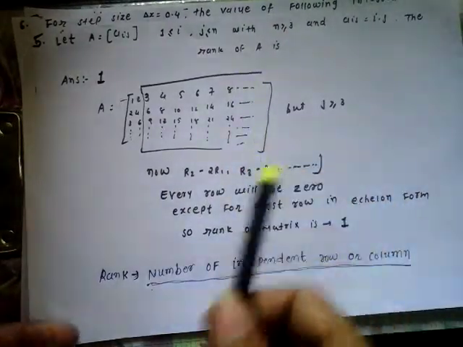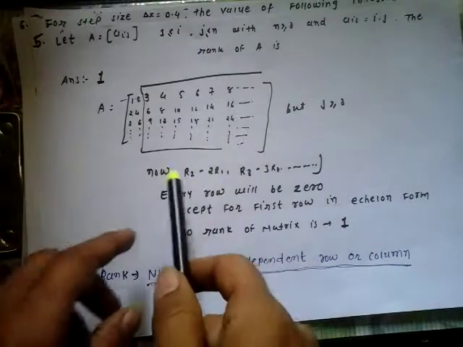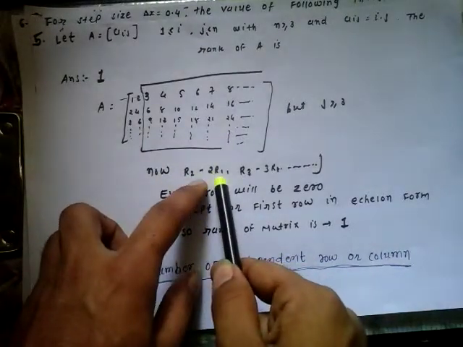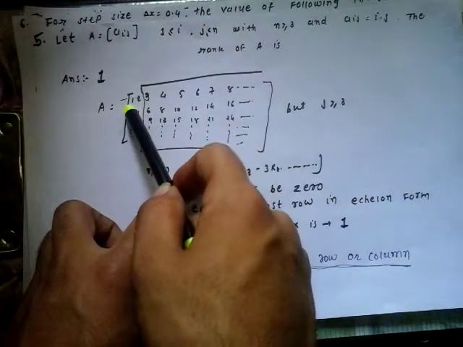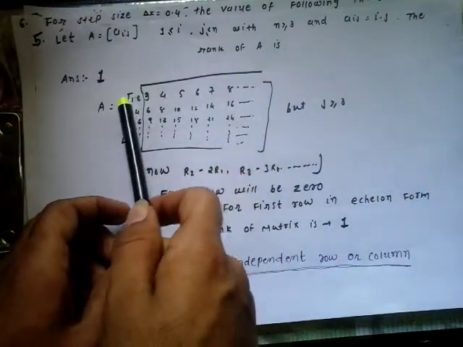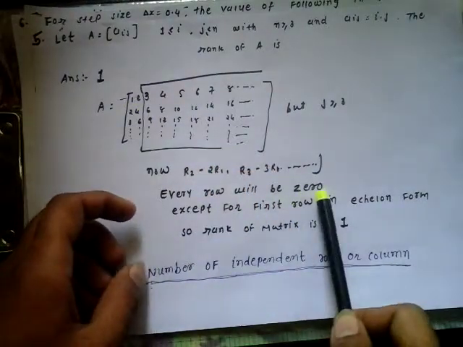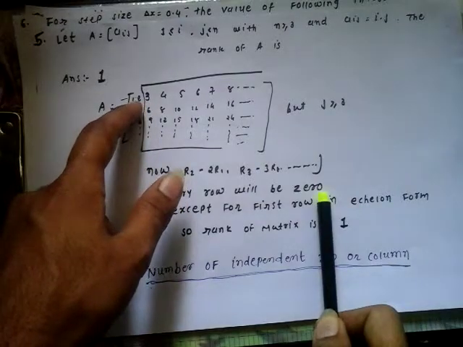But we know that here R2 minus 2R1, or R3 minus 3R1, all should be 0, because 2 minus 1 into 2.